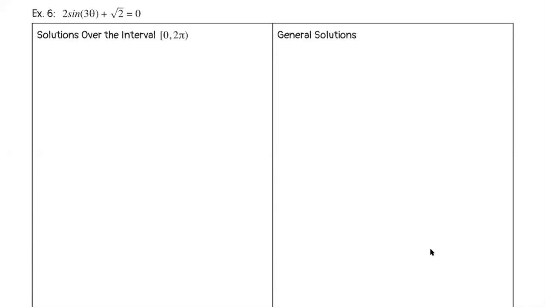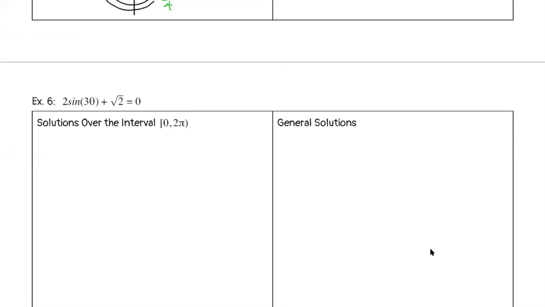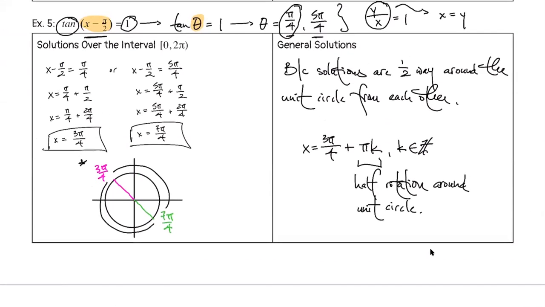Sorry. Okay, so let's take a look at example number 6. Examples 6 and 7 are still what we consider linear trigonometric functions. But what's different about 6 and 7 is the same thing that was different about number 5.